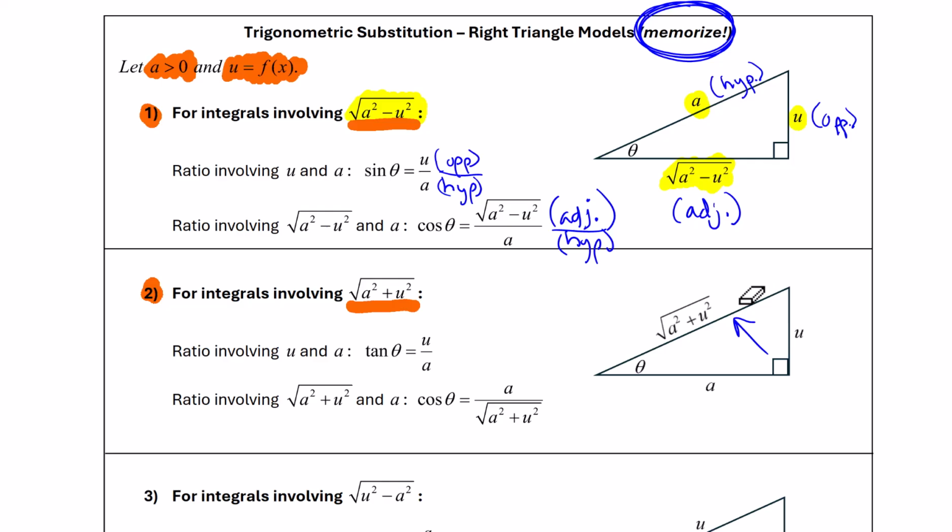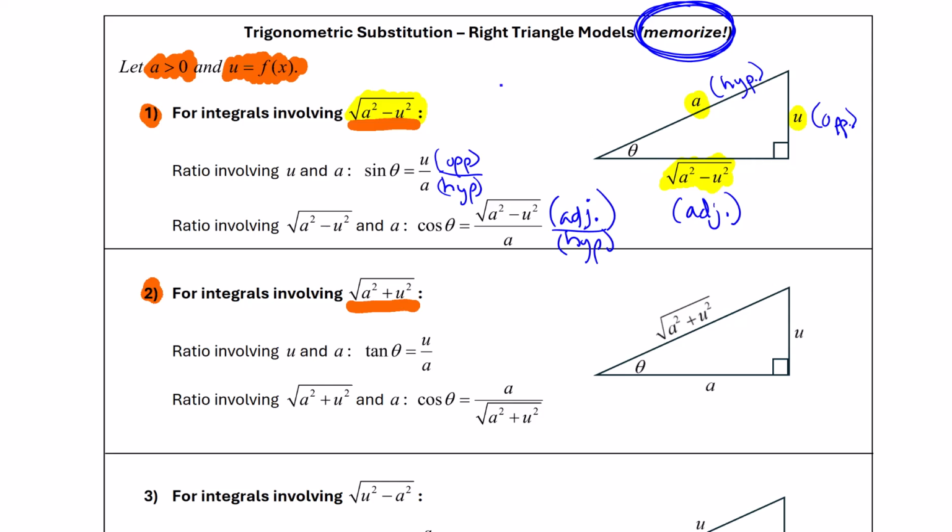But this time, the hypotenuse is labeled the square root of a squared plus u squared. Now, at this point is sometimes when people start thinking, okay, sure, but how would you know which model you're using, and how do you know where the root goes? I see it in the hypotenuse in this model, but it was in the horizontal bottom leg in the previous one. How do you know?